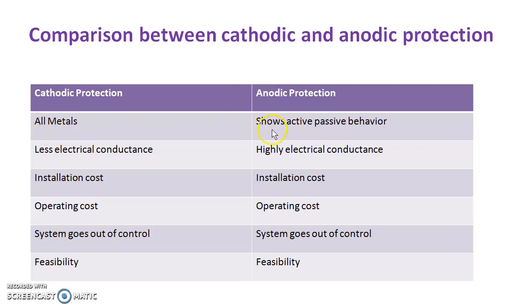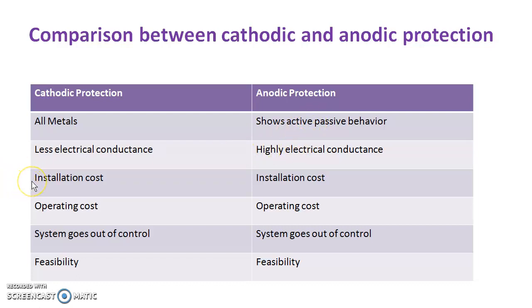In the anodic protection method, it is applicable only to those metals which show active-passive behavior, right? Then the cathodic protection method is useful for metal protection in a less electrically conductive environment. The anodic protection method is used in a highly electrically conductive environment, right?